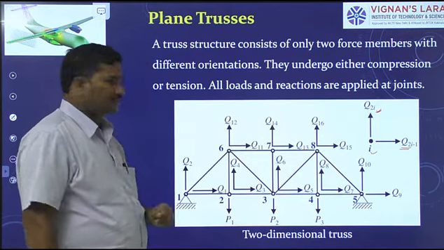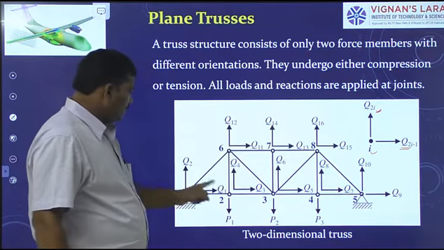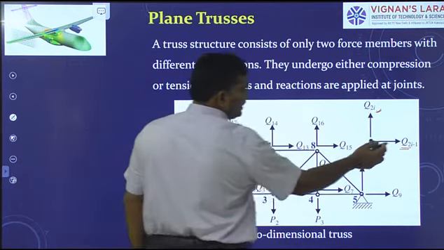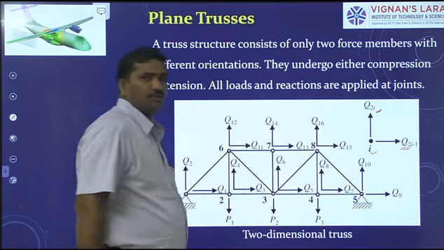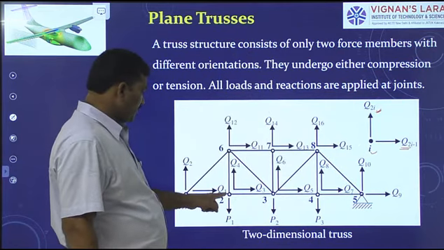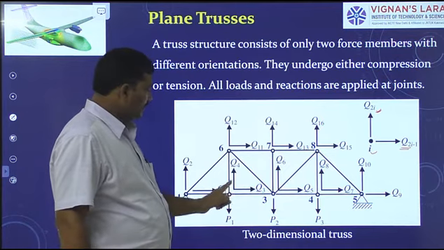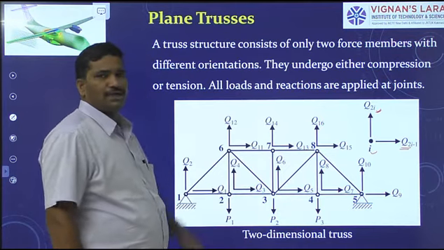Put I equal to 1, then what you get? Q1, Q2. When you put I equal to 2, then this becomes Q3, this becomes Q4. So when I equals 2, you get displacement Q3 and displacement Q4 like this.